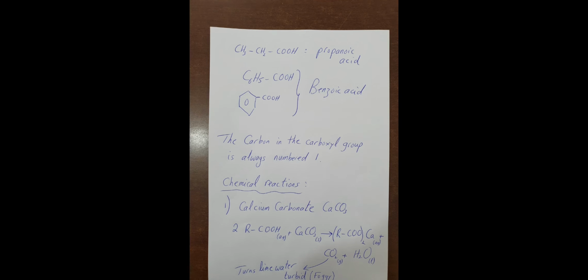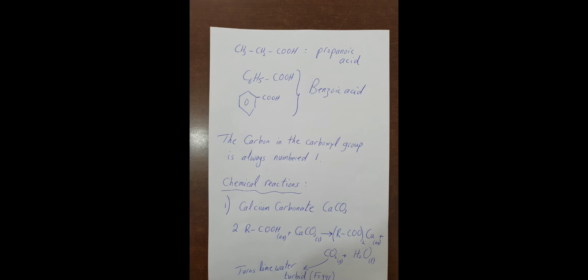Remember, ladies and gentlemen, I said it many times, the C6H5 is the same as the 6-carbon ring with an alternating double bond inside the ring. This is called benzoic acid. To stress, again, the carbon in the carboxyl group is always numbered 1.